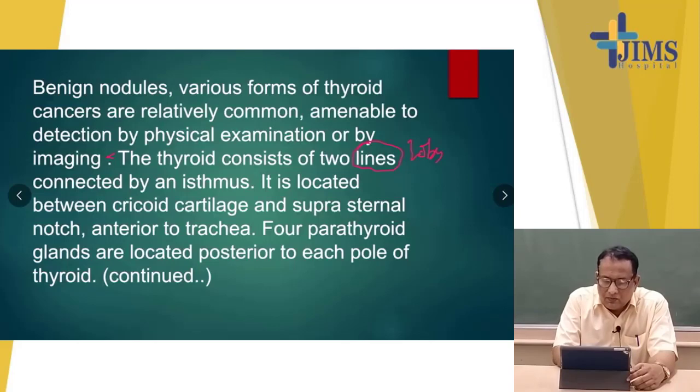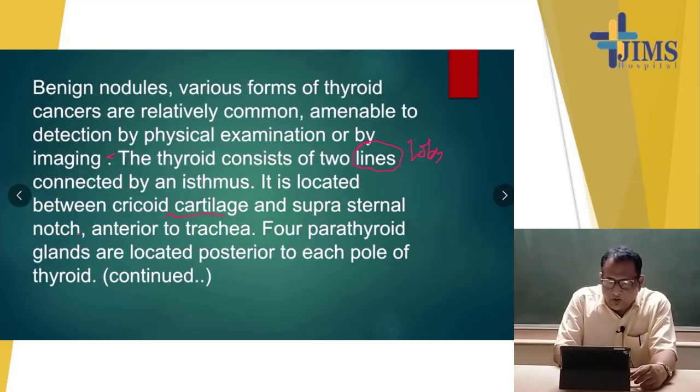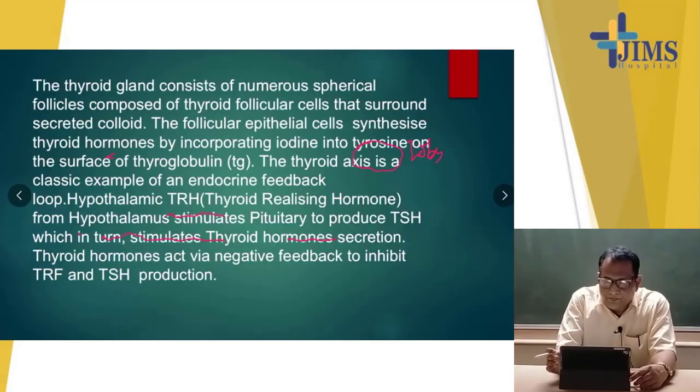It is located between the cricoid cartilage and the suprasternal notch, anterior to the trachea. Four parathyroid glands are located posterior to each pole of the thyroid. So this is the applied anatomy and physiology of the thyroid gland.